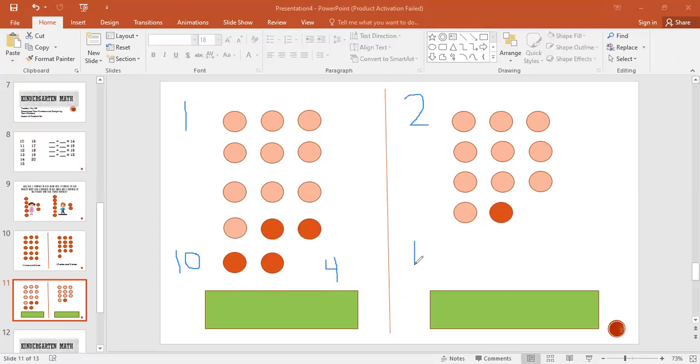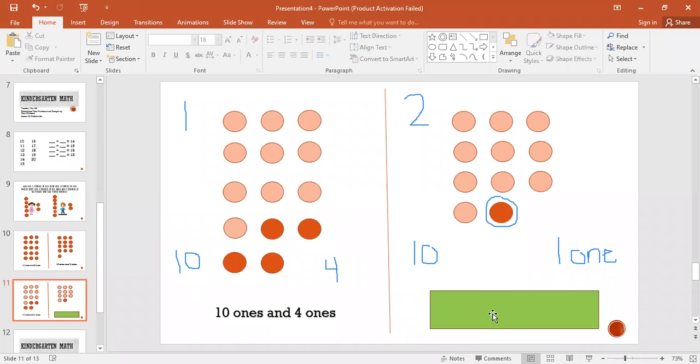I know we already have 10 ones here because all of my pink ones are 10 ones. All right, how many extra ones do I have? Just one. 1, 1. Write that here. So we have 10 ones and 1 one, 10 ones and 4 ones.